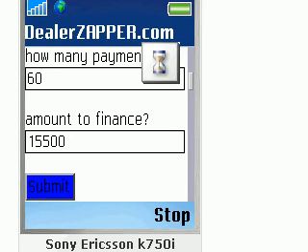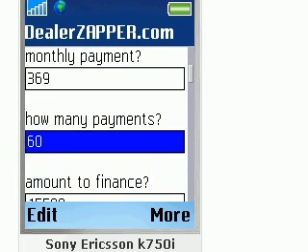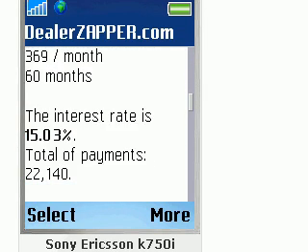Let's find out. Click on submit. Scroll down. And now you see the interest rate is 15.03%. That's even higher. So that's the key. You just have to evaluate, okay, how good is my credit? And does the interest rate the dealer is proposing to me match my credit? That's all you've got to figure out.